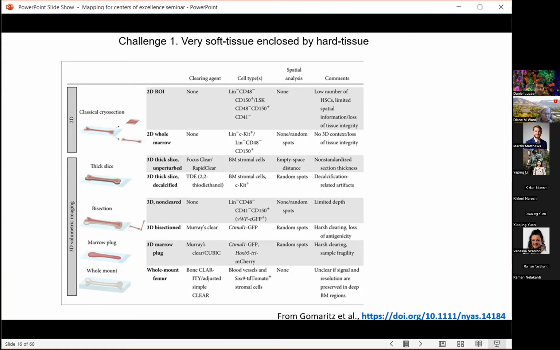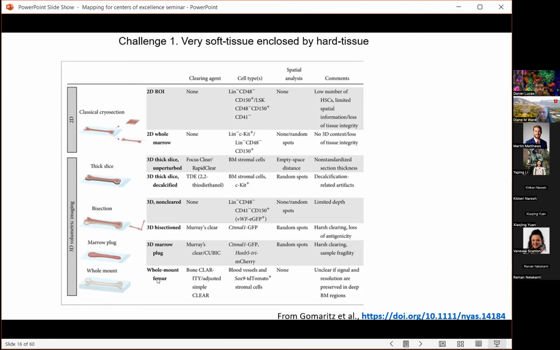The problem with these approaches, as you see from this review, is that either there is limited depth, or it requires harsh clearing, loss of antigens, or it breaks very easily.